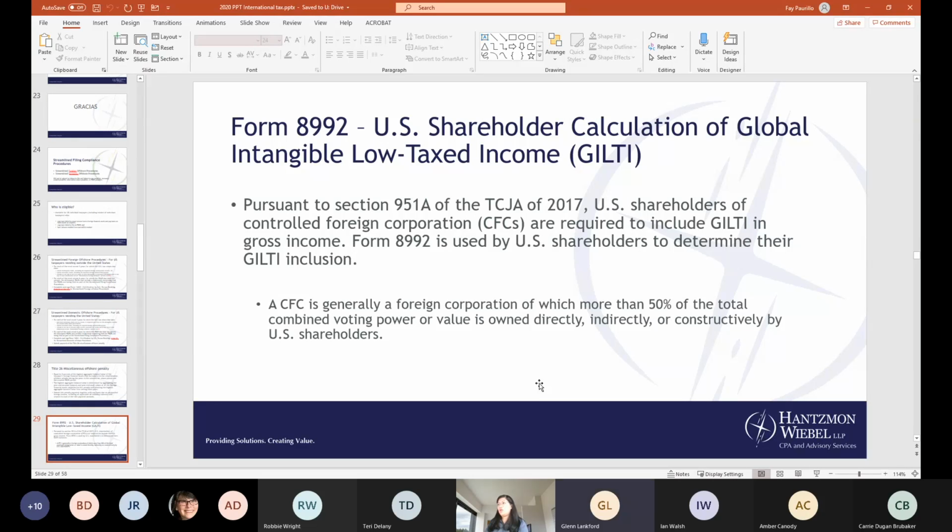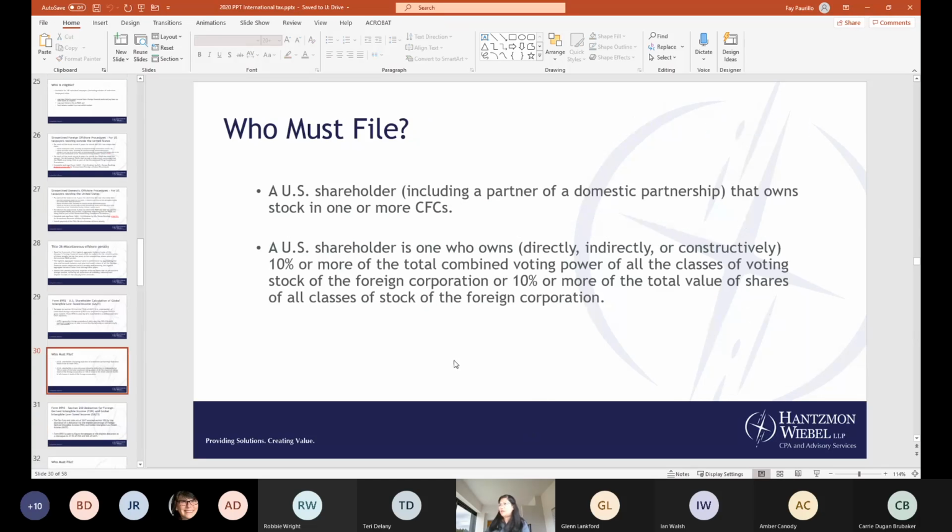So if you are a 10% shareholder of a controlled foreign company, so you're involved in that kind of activity, then you may have additional income that needs to be included in your income.